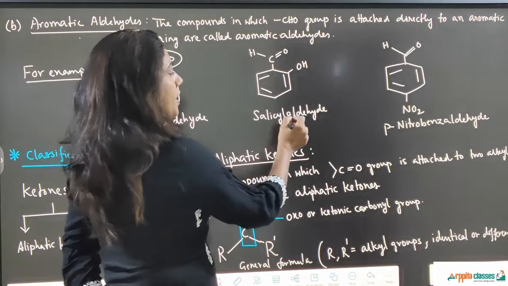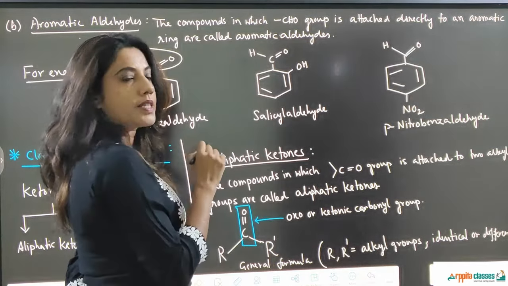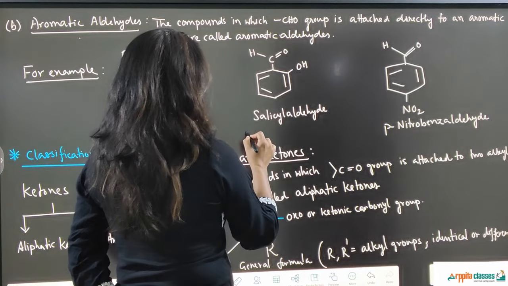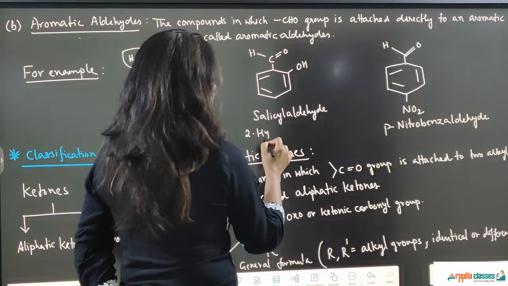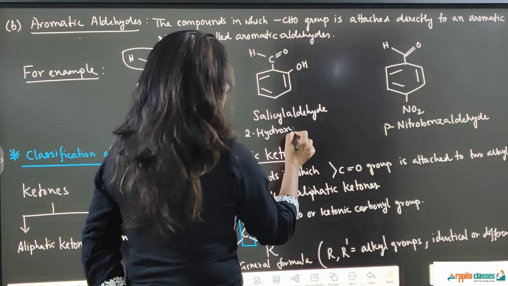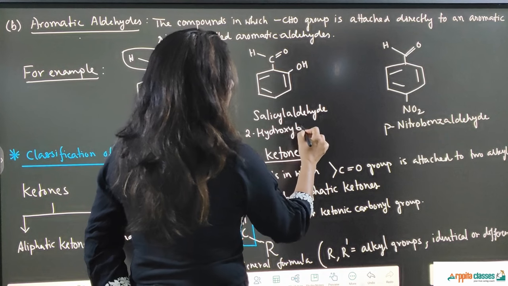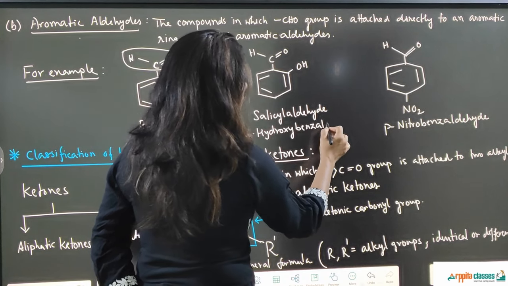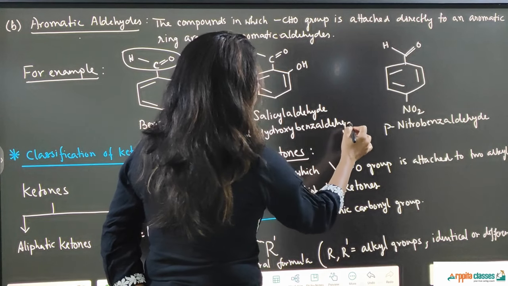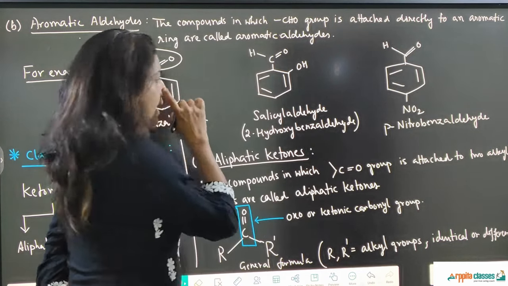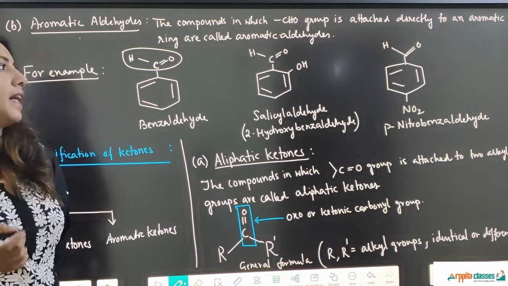So this is commonly called salicylaldehyde, or the IUPAC name will be 2-hydroxy, because the hydroxy group is attached to the second carbon. This is the first carbon. So this is 2-hydroxybenzaldehyde, commonly called salicylaldehyde.